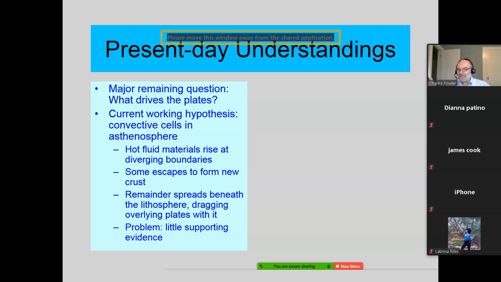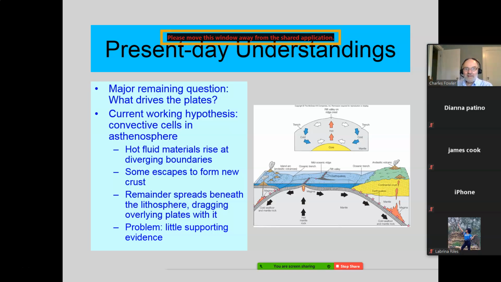Remember, the overlying plates are not smooth, slick things that just slide past. It pulls them. Here's the problem: little supporting evidence. No one can get down there and measure this. It's just not possible. It's way too far down. It's hot, and instruments just would not work. So we just don't have the evidence to support it.